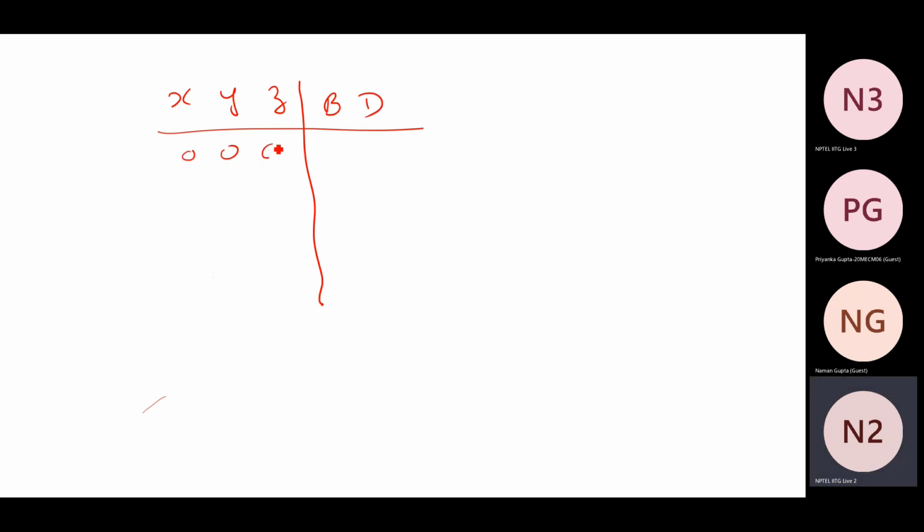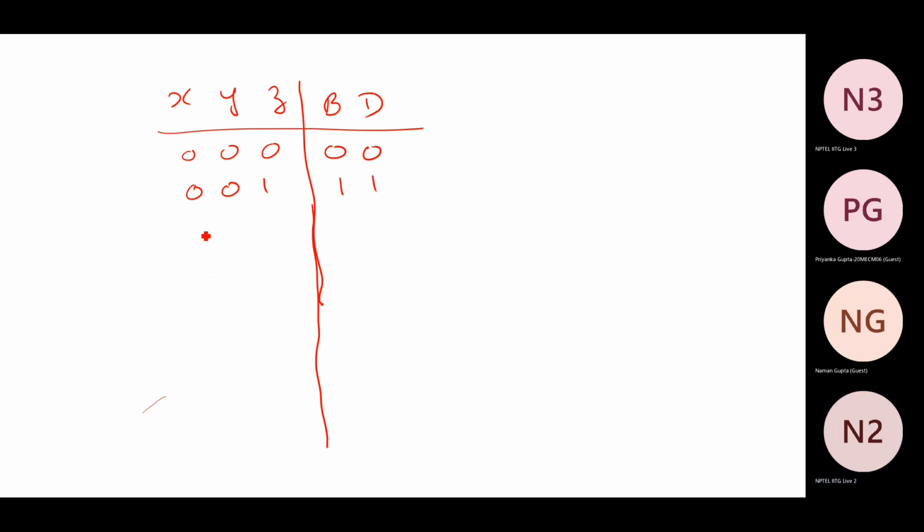So 0, 0, 0 is difference 0, borrow 0. 0, 0, 1, both will be 1. 0, 1, 0 also, both will be 1. 0, 1, 1. So 0 minus 1 requires borrow. So this is 0, difference is 0.